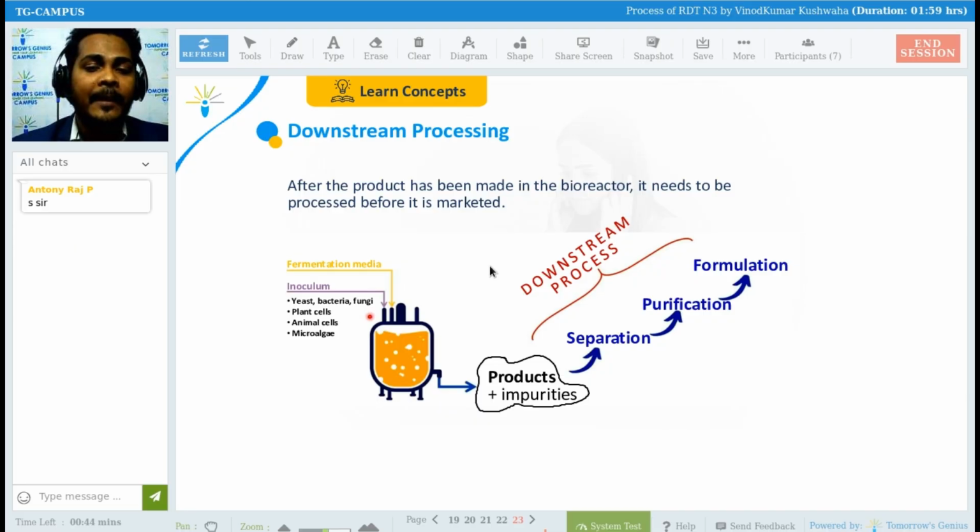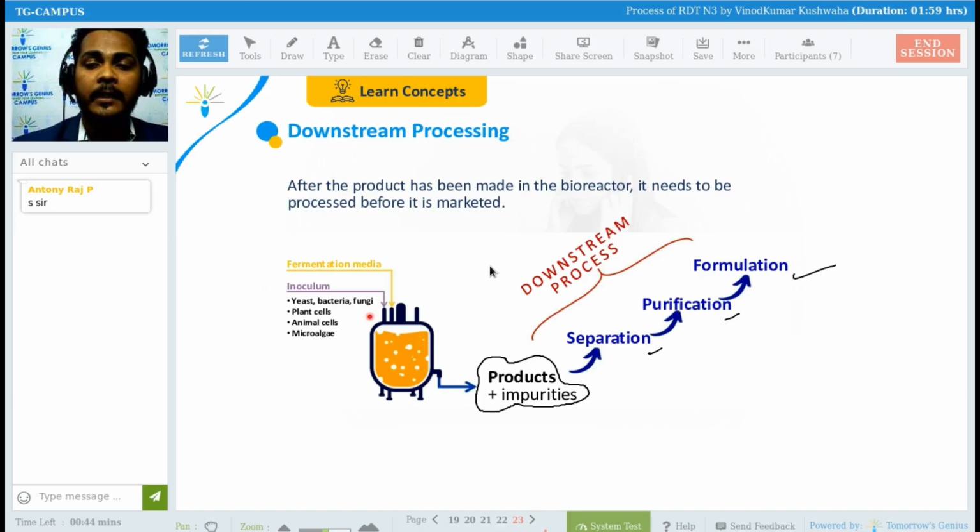So we need to separate them, because we are interested in insulin, but apart from the insulin some other chemicals may also be produced by the bacteria that we don't know about, right? So for that we need to do a downstream process. And what is this downstream process? Separation, purification and formulation is the downstream process.